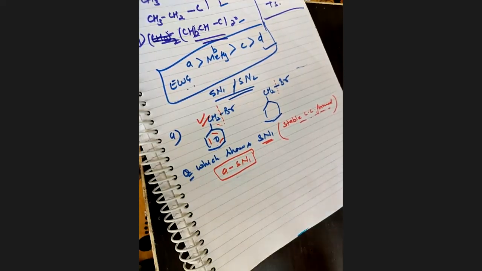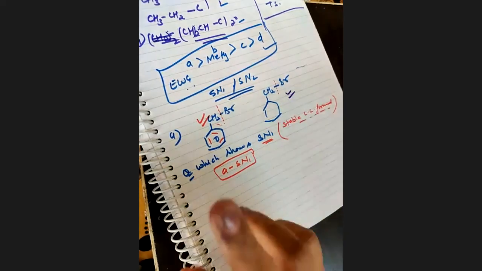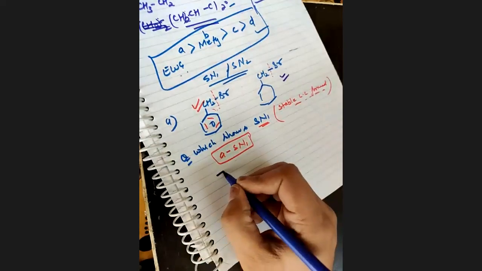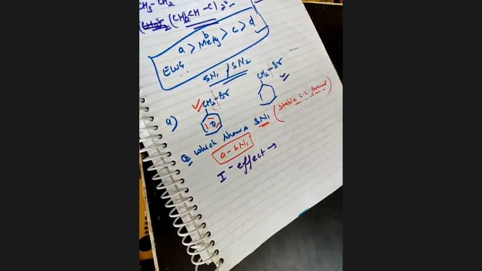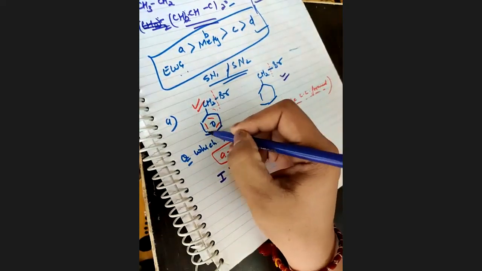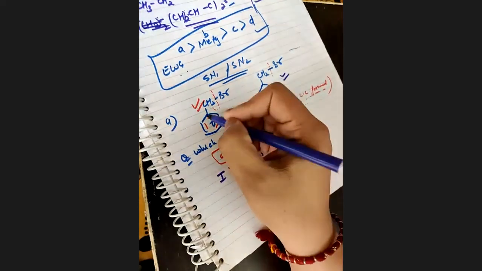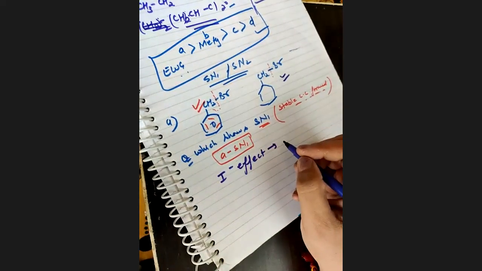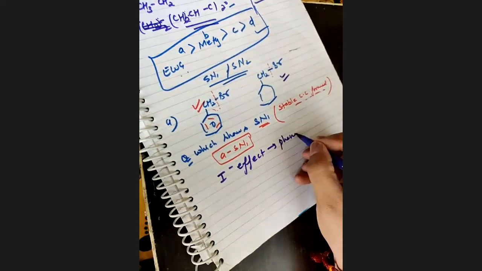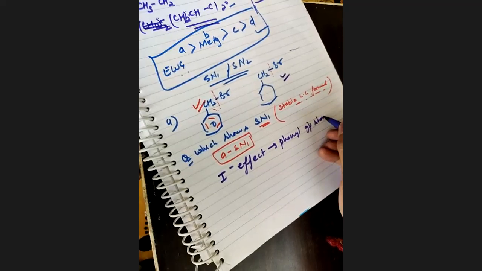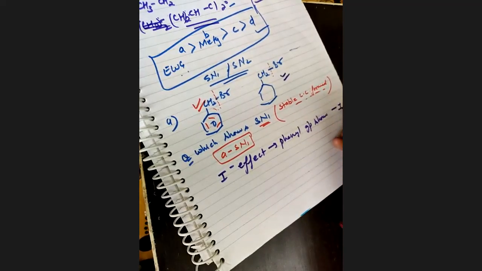If they ask which one shows more SN2, SN2 reaction will be shown by this. Why? This is because of the minus I effect. What is the minus I effect? In this phenyl group there is electron shifting and other factors, which cause the minus I effect. So you can write that the phenyl group shows minus I effect.